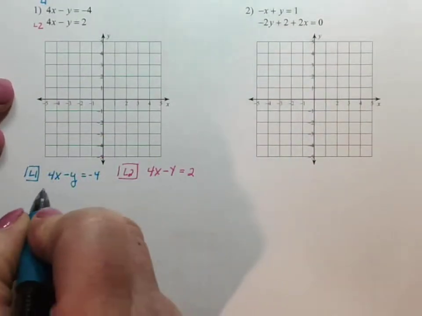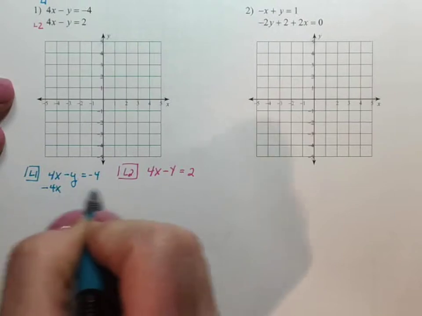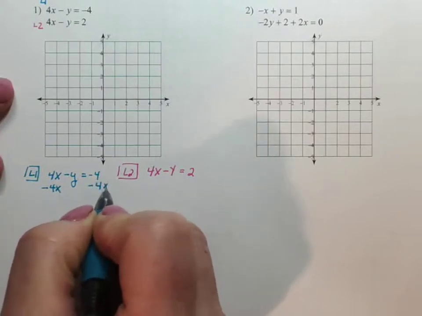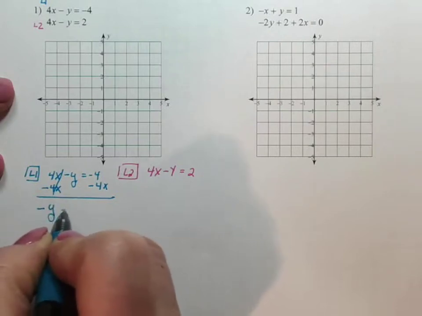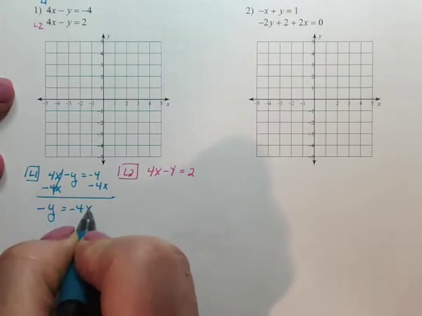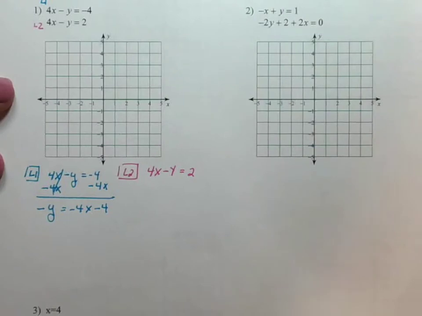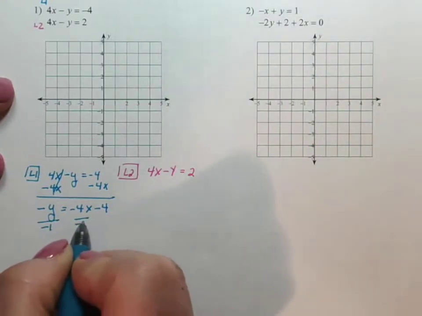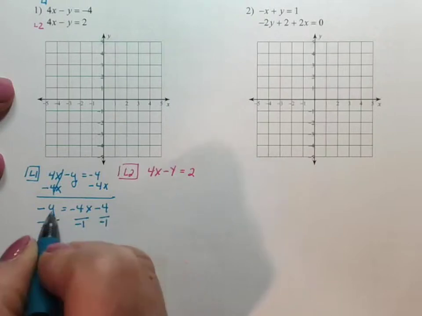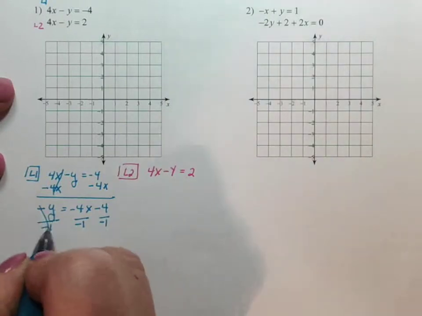So for line 1, we subtract 4x from both sides. We get negative y equals negative 4x minus 4. We divide by negative 1 because we have to isolate the y.